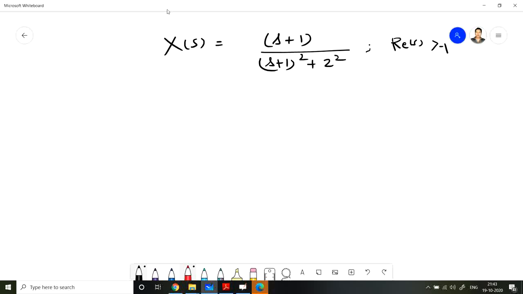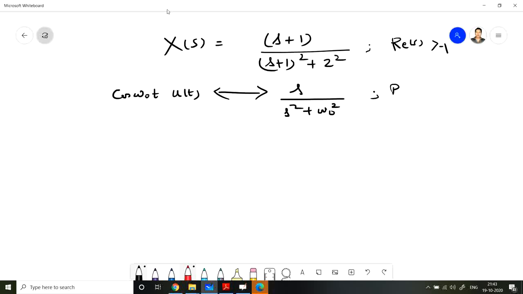Now we can see that for cos omega naught t u(t), the Laplace transform is s divided by s square plus omega naught square, and the ROC is real part of s greater than 0.